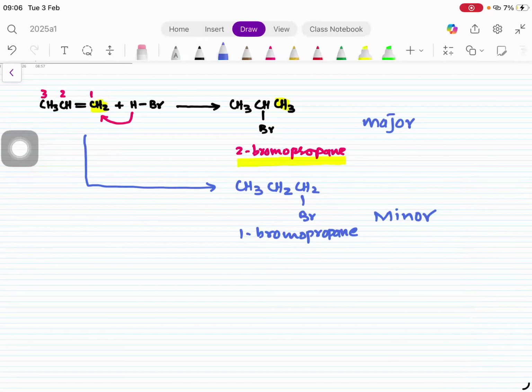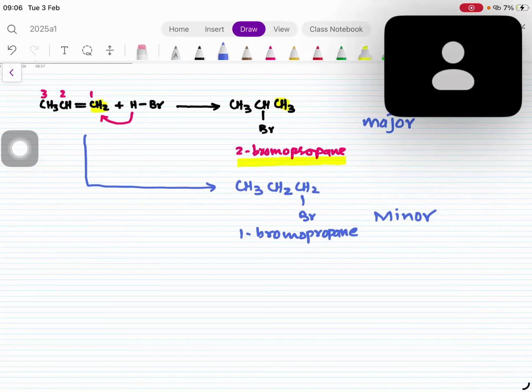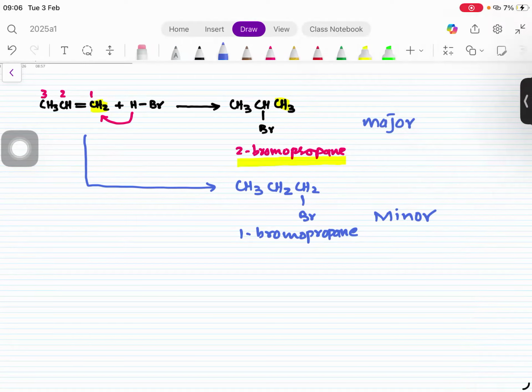In the first one, the hydrogen is going to carbon number 1, and carbon number 1 has 2 hydrogens. On the other hand, carbon number 2 has 1 hydrogen. So we assume that when hydrogen goes to carbon number 1, as it has more hydrogens than carbon number 2, that is going to be the major product, right? But the reason is not this.